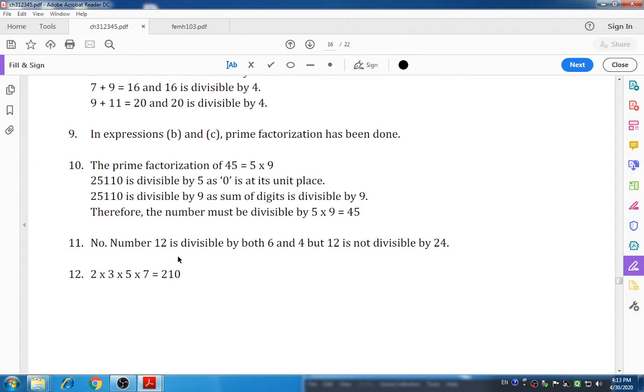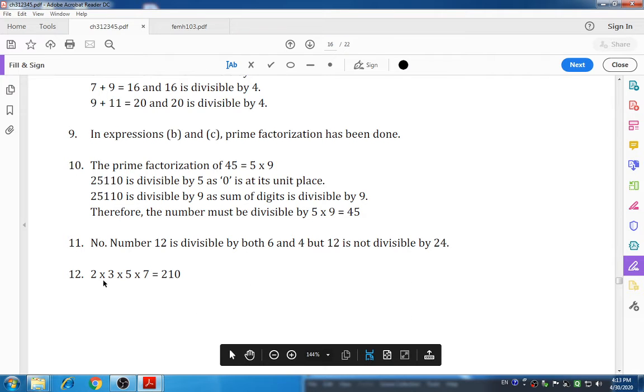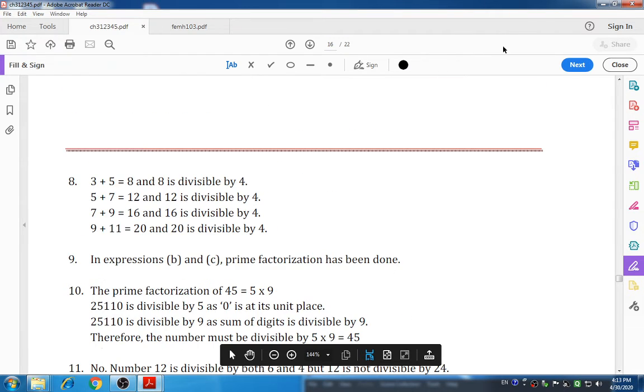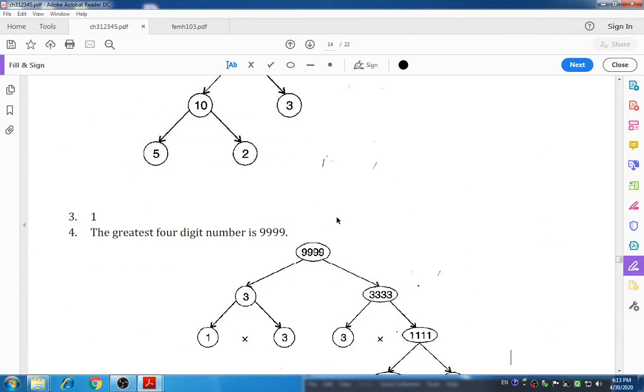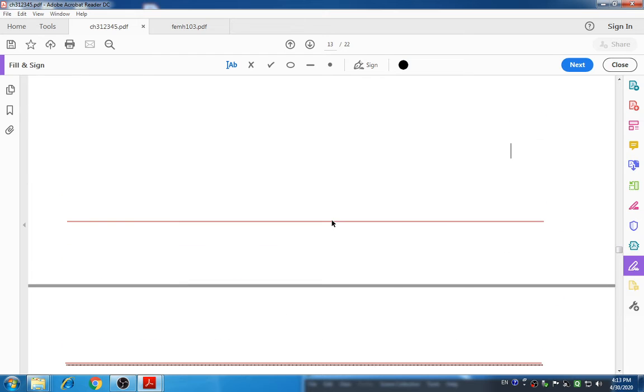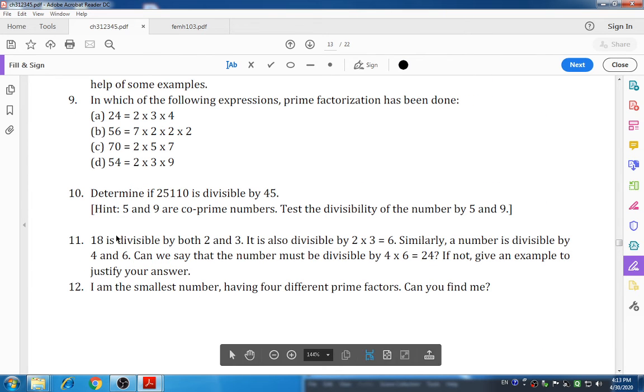The 11th one, look at here carefully what they ask. The question is on the above side, so I am going to scroll it. Just wait a few seconds. 18 is divisible by both 2 and 3. It is also divisible by 6. Similarly, a number is divisible by 4 and 6.